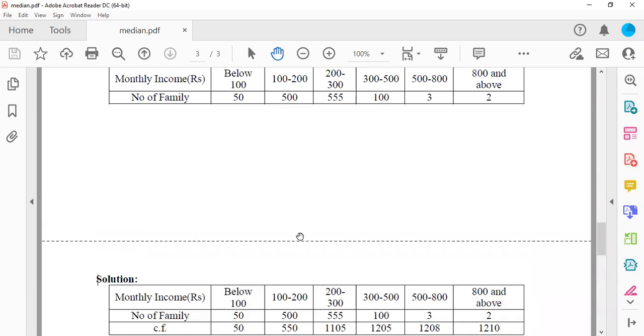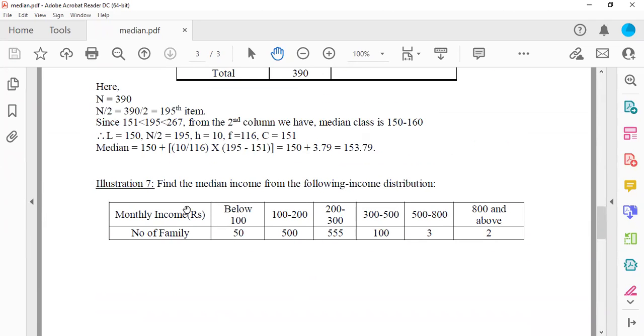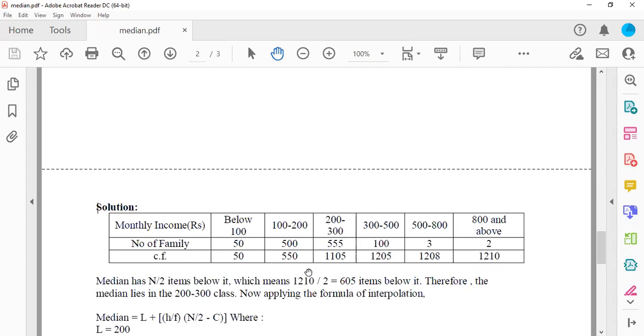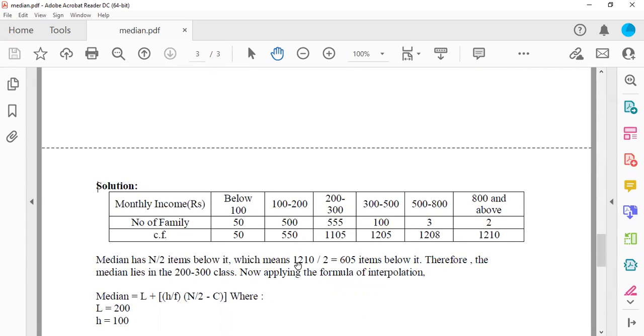The meaning is, if we go through the monthly income slabs, below 100 and above 800 and so on, 209.91 indicates that 50% of the people are, what is the total number of people? 1210.